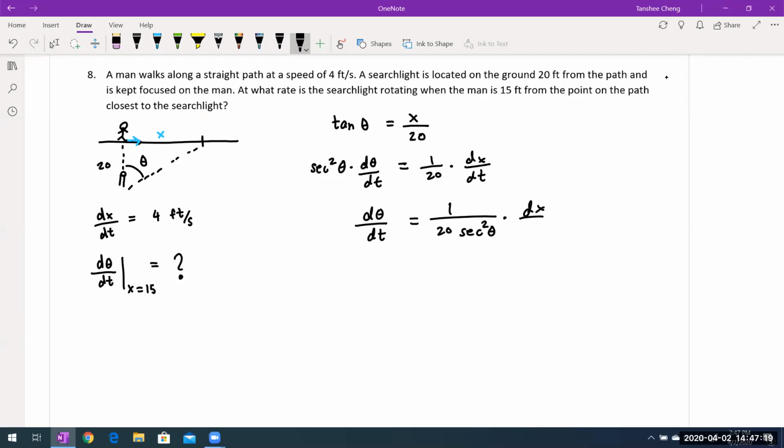times dx/dt. So what we are interested in is d theta/dt when x is equal to 15.